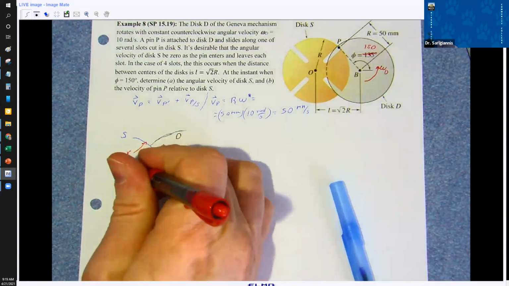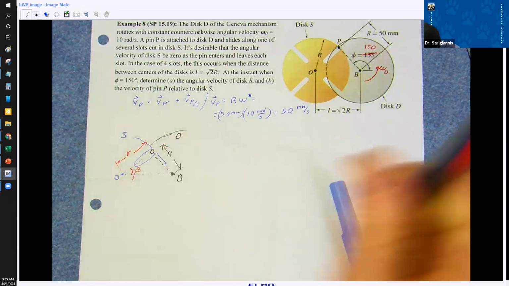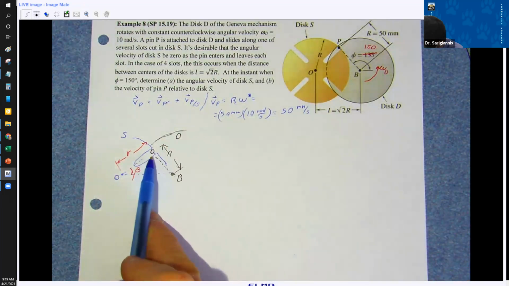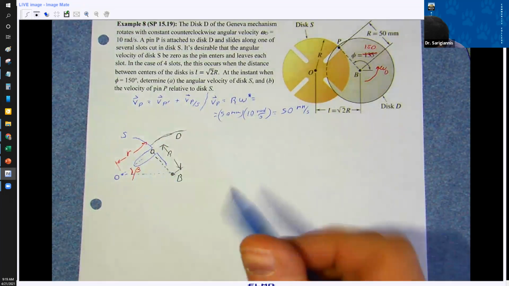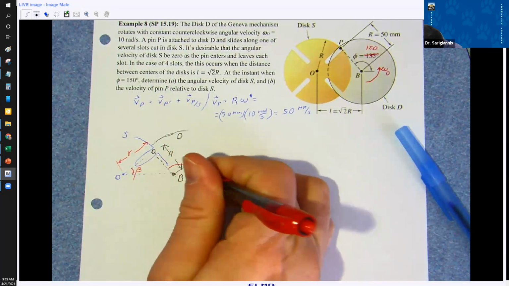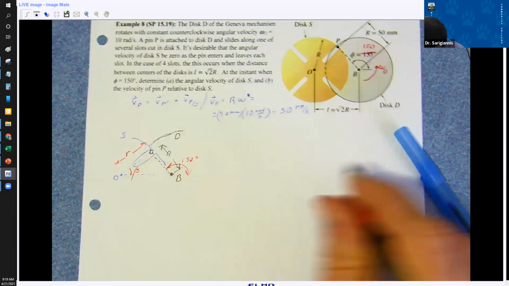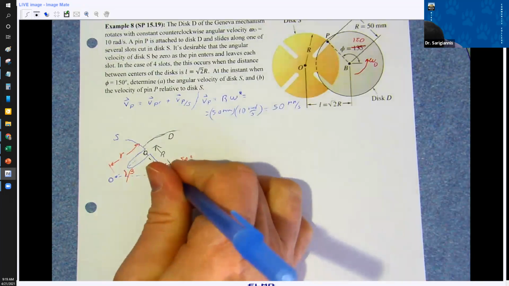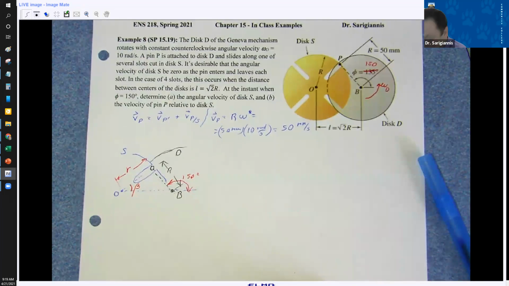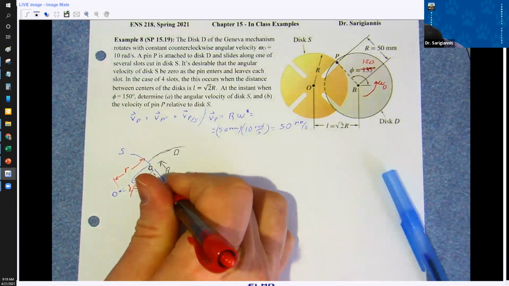Then we've got this angle in here, given as 150 degrees. I know it says 135, but we're working with 150. I don't know how the problem got switched, if that was the original textbook problem. So this is 30 degrees here.